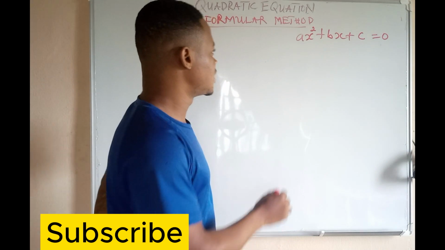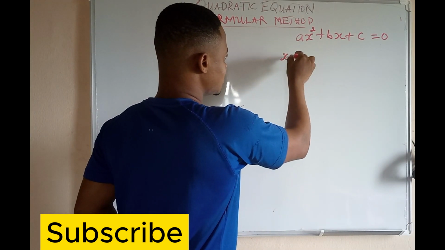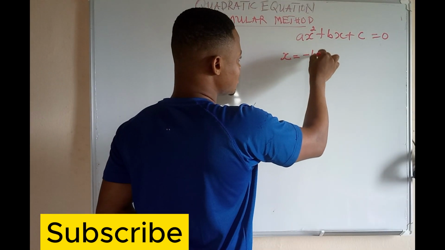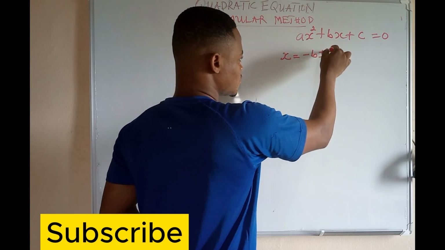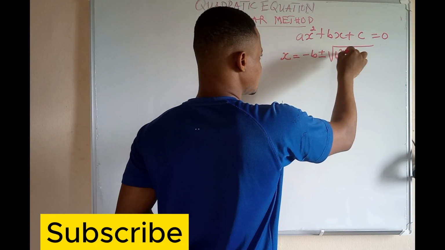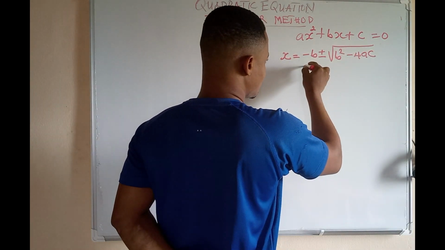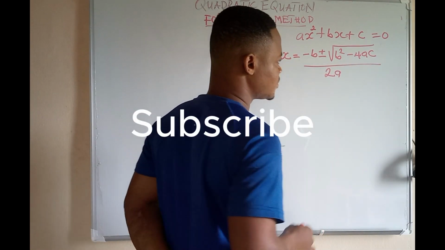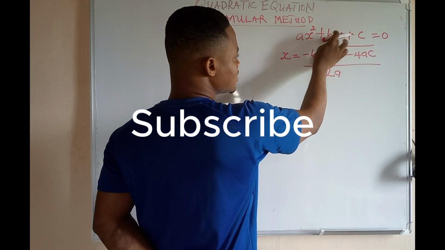What is that formula? x is equal to minus b plus or minus the square root of b squared minus 4ac, all over 2a, where a, b, c are the coefficients.